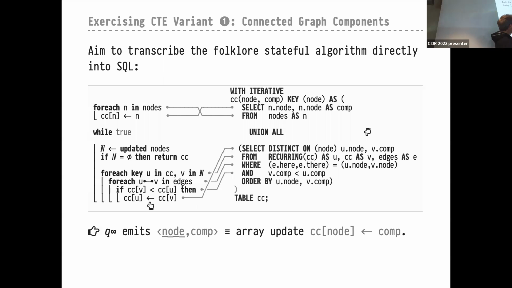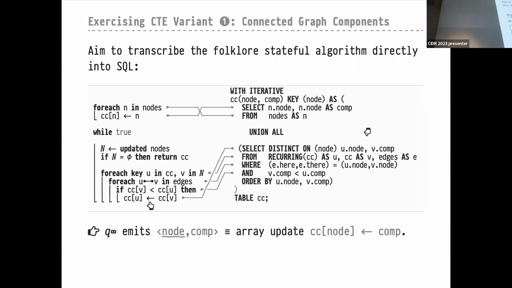If you look at just the left-hand side of this slide, this is the folklore imperative style algorithm to compute the connected components. And I've shown you the WITH ITERATIVE variant of this particular algorithm, in which we indeed have a node to component dictionary that we are iteratively updating in this particular query.